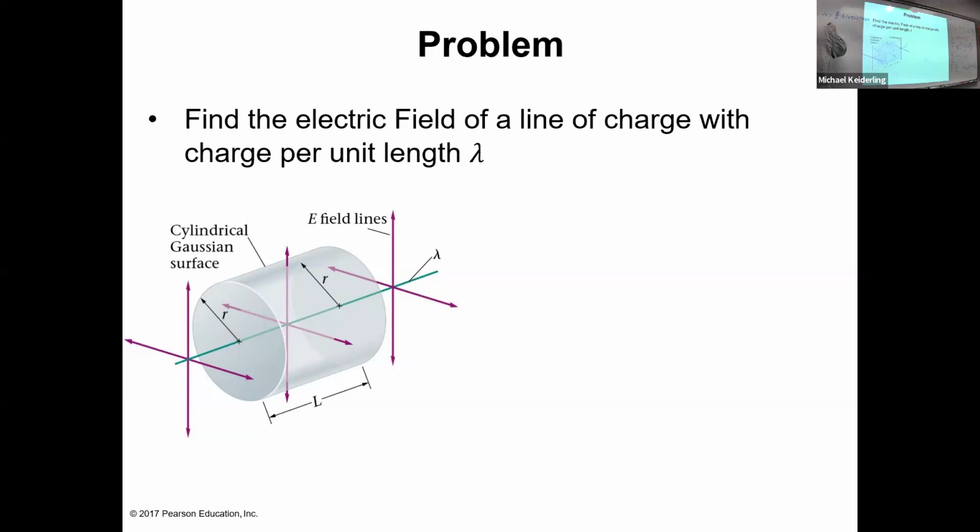At the ends, the flux will be whatever the electric field is, which varies, times the area, pi r squared, but more importantly, times the cosine of 90 degrees. So this will be 0.